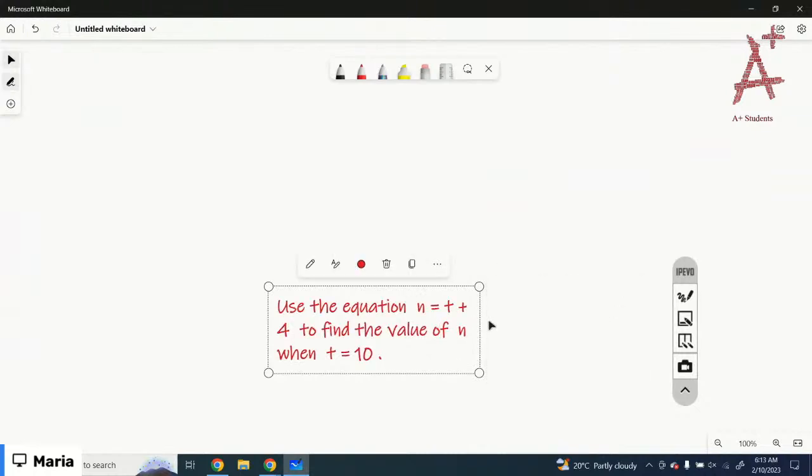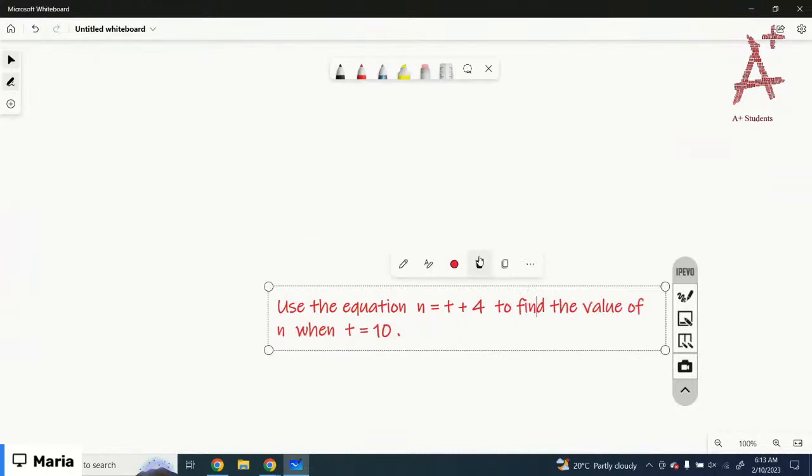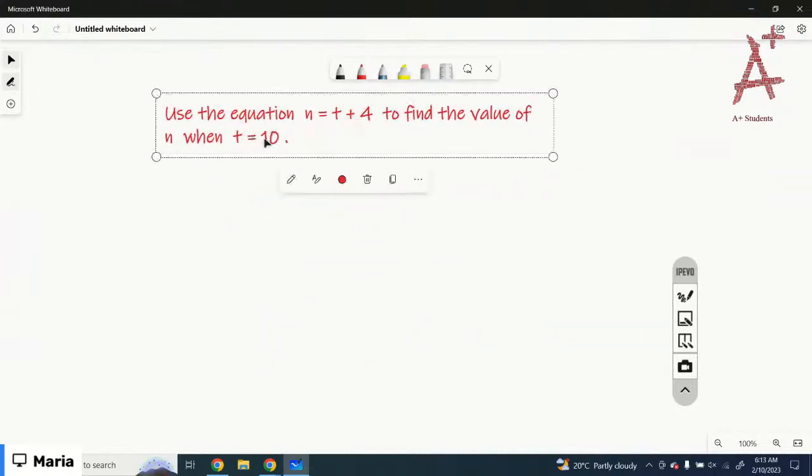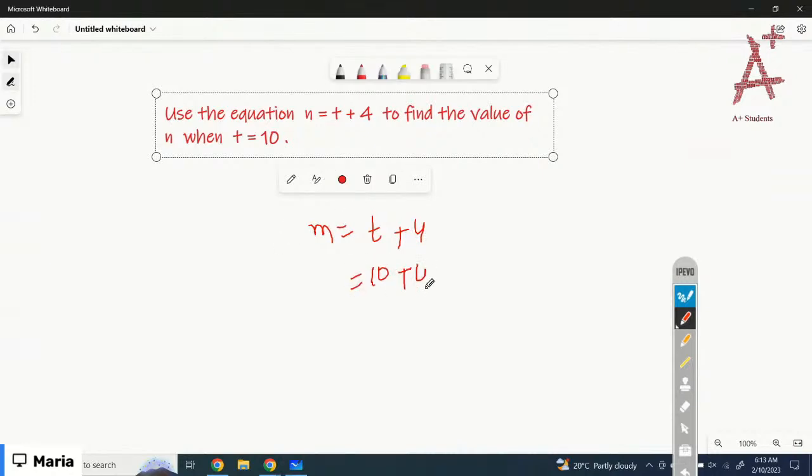You have to calculate the value of n when t equals 10. So just replace the t with 10, and 10 plus 4 equals 14. Got it? So the correct option is 14.